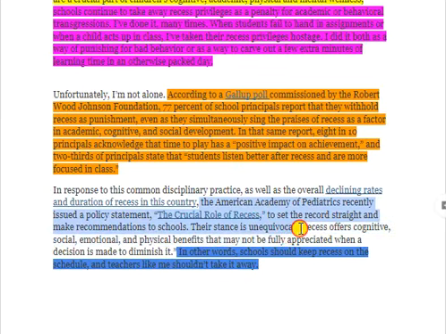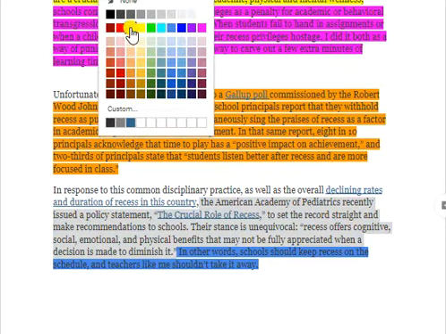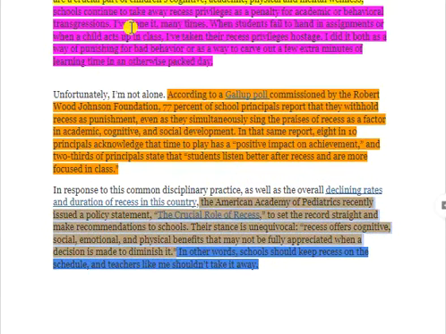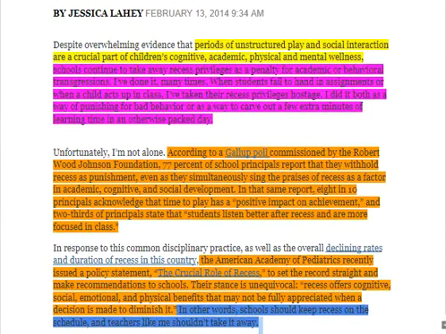Their stance is unequivocal, and then it tells us what information came from the American Academy of Pediatrics. So all of this is evidence, so that needs to be orange. So this is what this looks like so far.